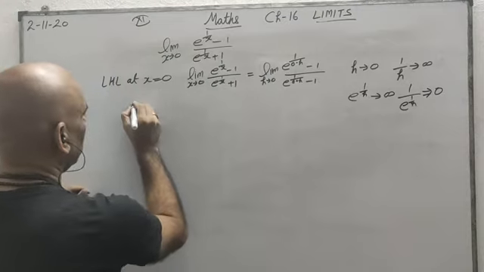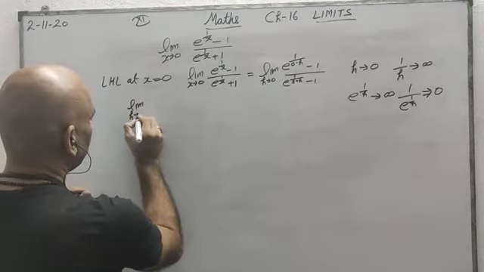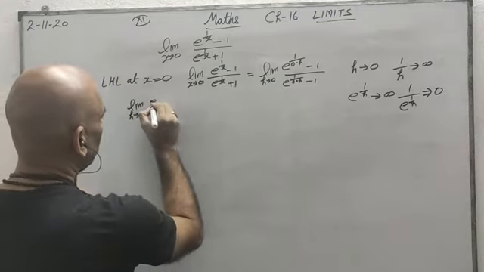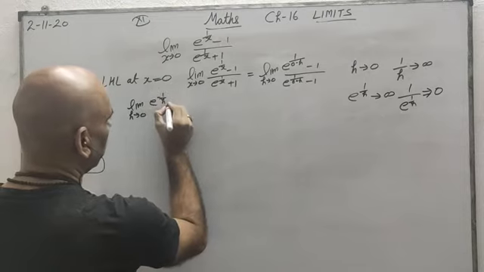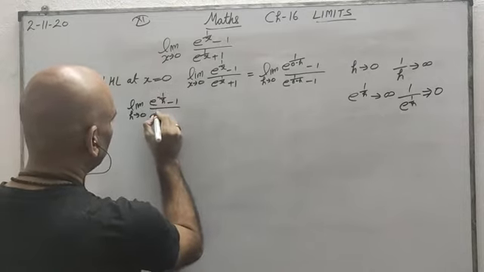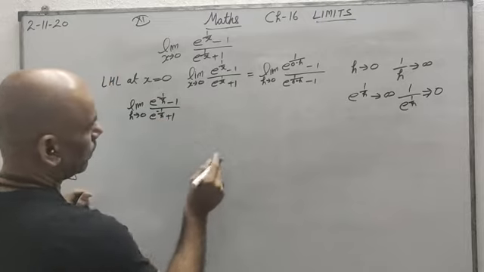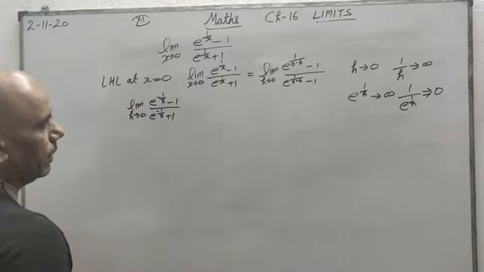So it is 0 minus h. What will it be? Limit h tends to 0, (e to the power minus 1 upon h minus 1) upon (e to the power minus 1 upon h plus 1), because 0 minus h is minus h.